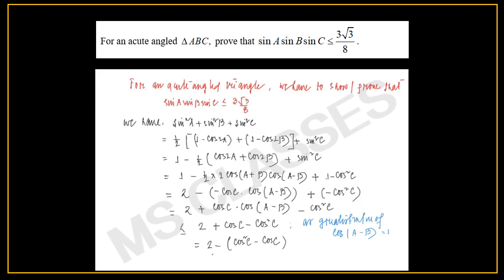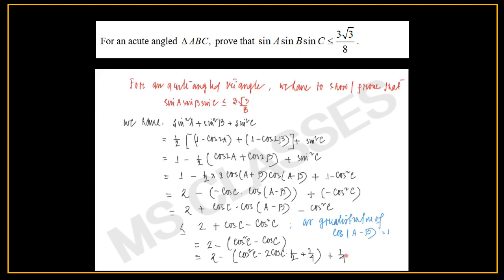This can be written as 2 minus cos square C minus 2 cos C into 1 plus 1 by 4, and here also 1 by 4. Actually here both are plus 1 by 4, there is a minus outside, so ultimately this is minus 1 by 4.